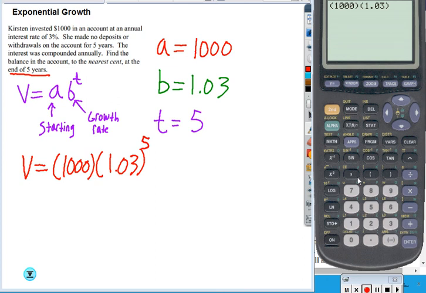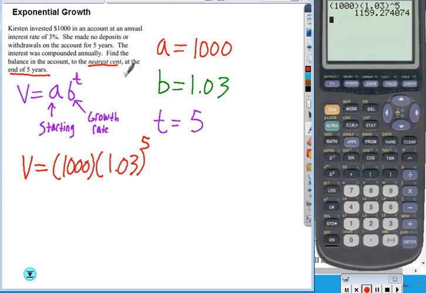The way we raise to the power of 5 is we go to this button right here. We call this the caret button or the up button. Press it, and then press the number 5. Now that we have this in here, we press enter, and we get 1,159.274074.